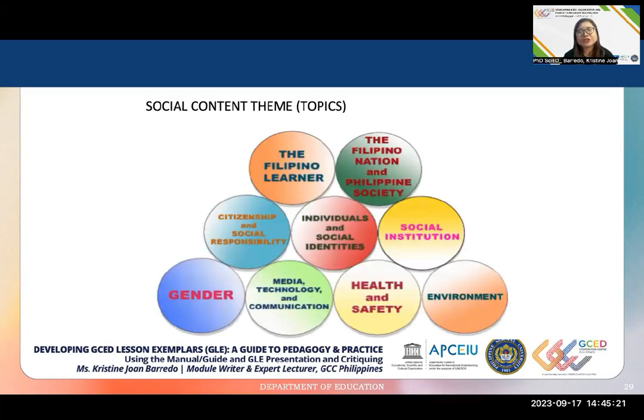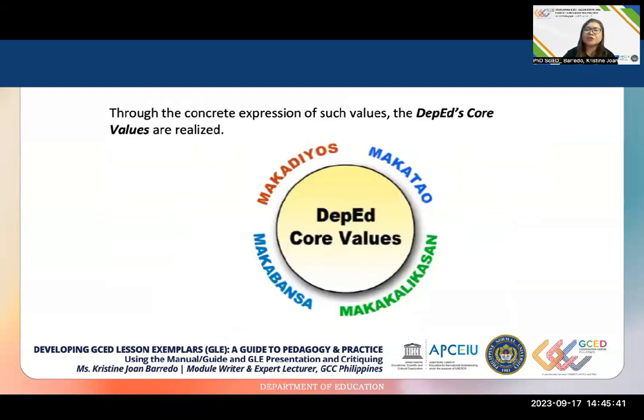So for social content themes: the Filipino learner, the Filipino nation and the society, citizenship and social responsibility, gender, individuals and social identity, social institution, media technology and communication, health and safety, and the environment. Through the concrete expression of such values, the DepEd's core values should be realized. Maka-Diyos, makatao, makakalikasan, at makabansa.